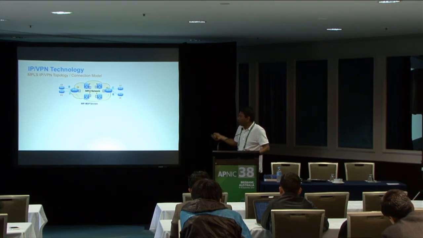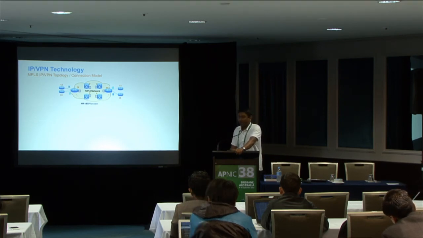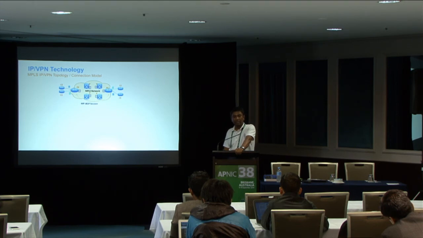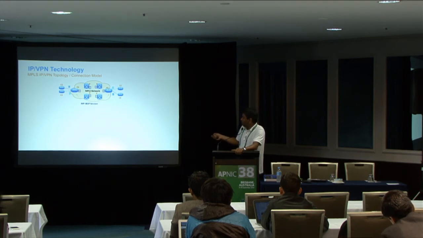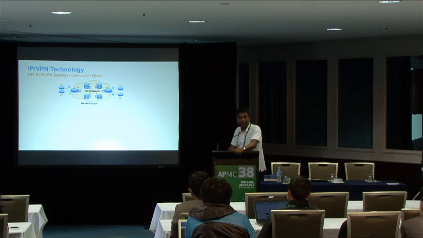This is how we add the RD on top of the customer prefix, and that prefix becomes a VPN v4 prefix. That VPN v4 prefix we can send across the infrastructure. Make sense? This is how the customer prefix goes from these PE routers all the way to the other side PE routers, which we call egress PE routers.